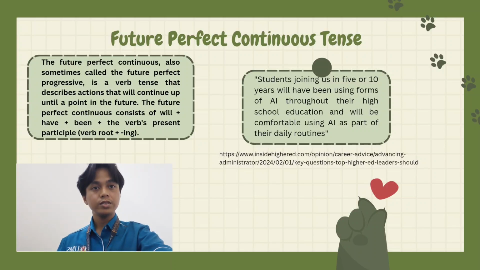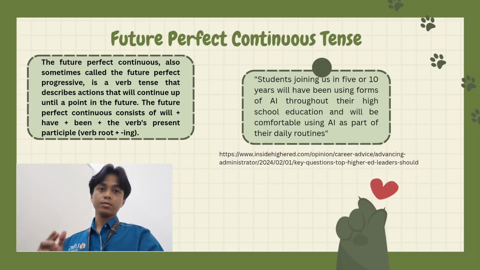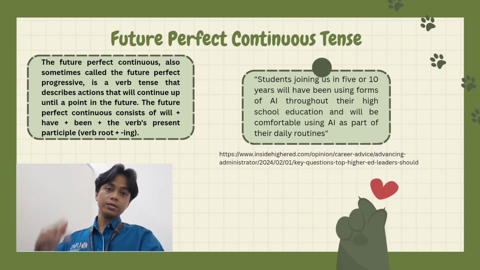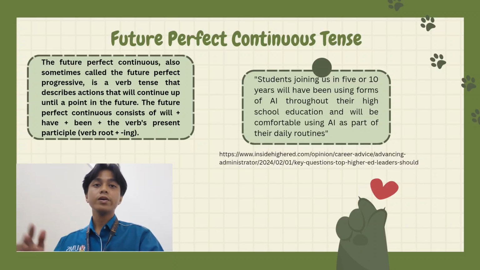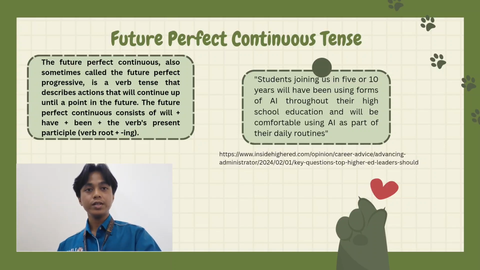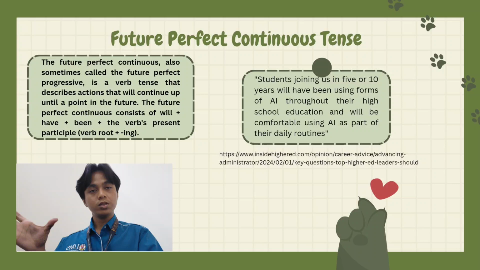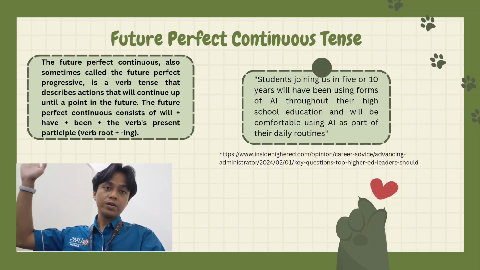Here it says that from now, in their high school life, in 5 or 10 years in the future, they will have been continuing using AI. So that means that specific event continues up until 5 or 10 years in the future.